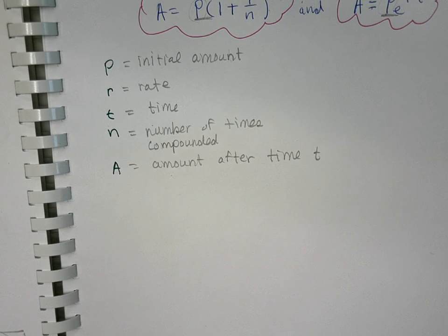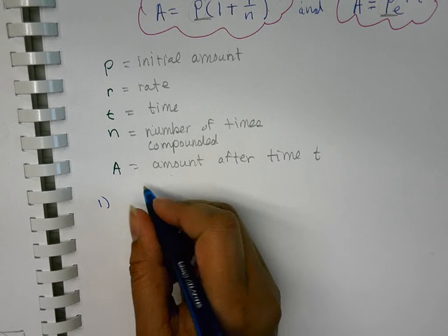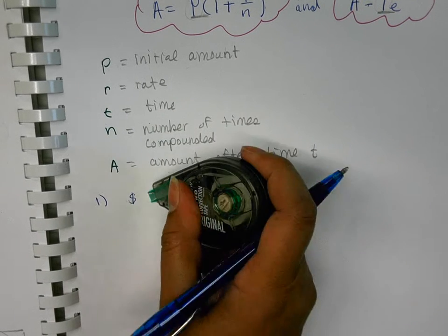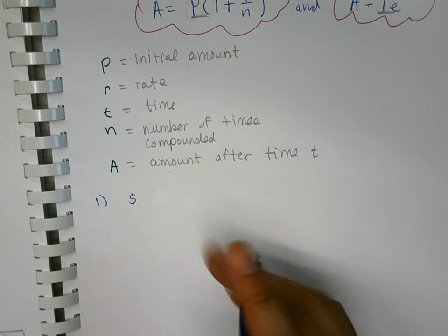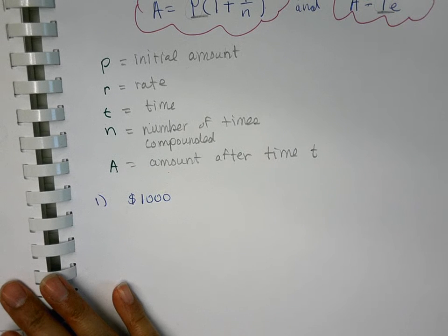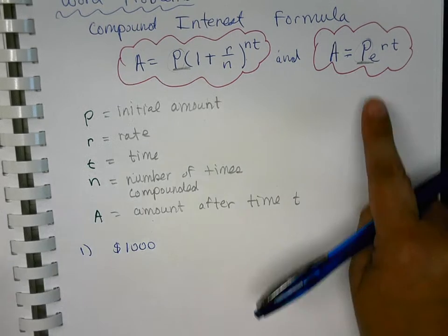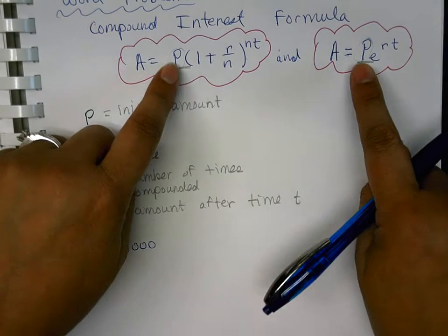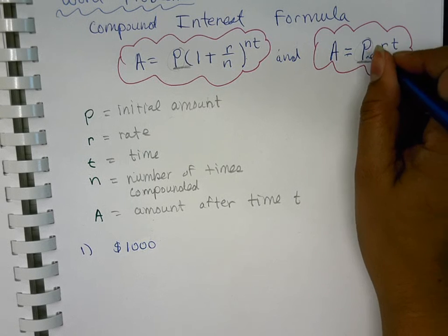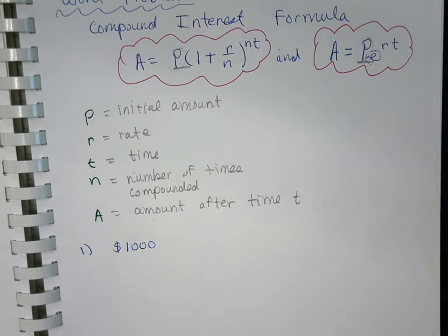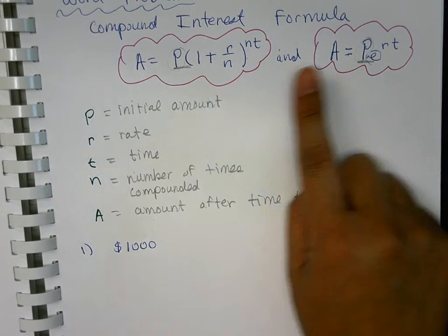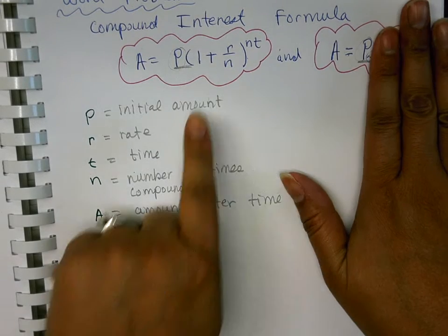All right, number 1, $1,000 is invested. Are P and P the same thing? P is P. These two P's are the initial amount.